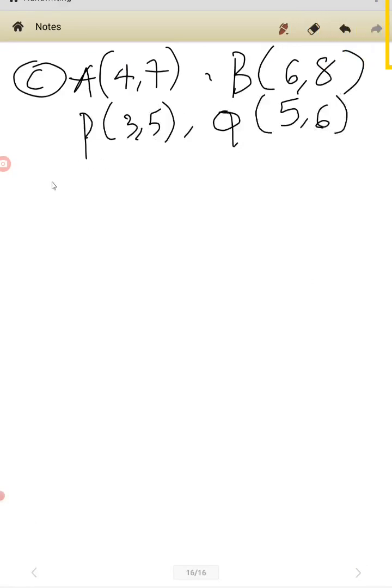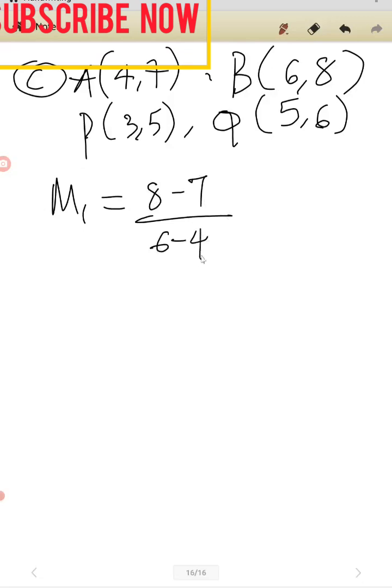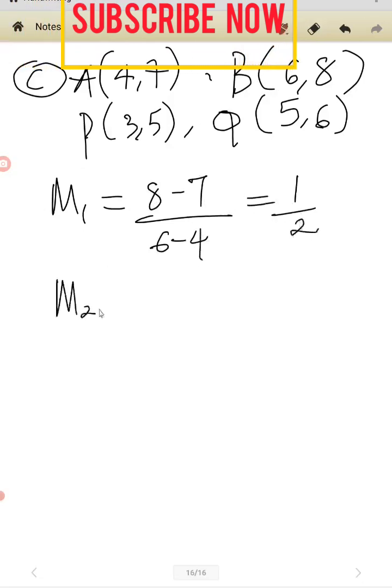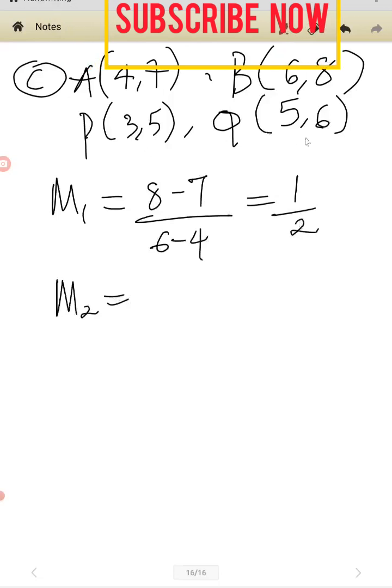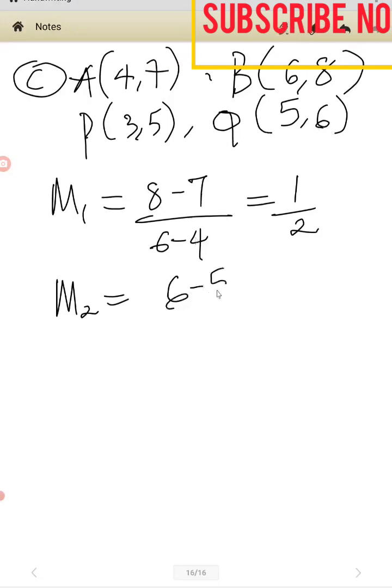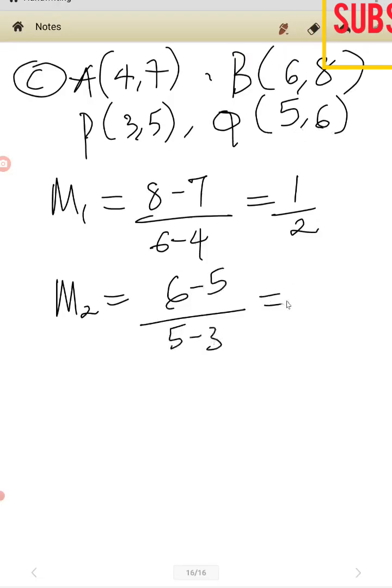So now let's find the M1. Our M1 will be 8 minus 7 over 6 minus 4, which is equal to 1 over 2. Let's find our M2. Our M2 for PQ will be 6 minus 5 over 5 minus 3.